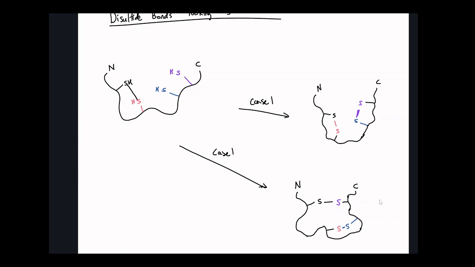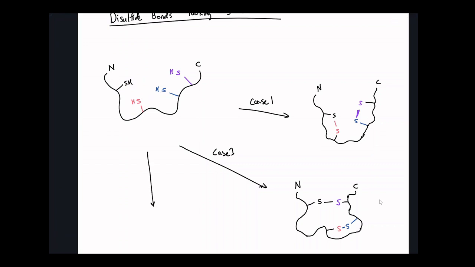In the second case, though, we can see the same thing just across the molecule. What's stopping the black cysteine from making a disulfide bond with the purple one? As this thing is folding together, if these two sulfurs find each other in close proximity, they could form a cysteine bond, and then the blue and red would form a cysteine bond, and you would have that kind of situation.